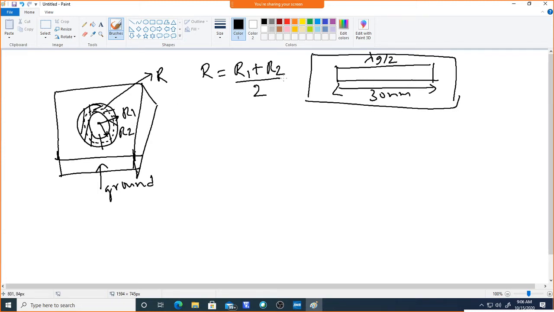Compared to this, the microstrip ring resonator has a compact area. Because of this advantage, many communication systems use the microstrip ring resonator in different applications, as I said, filters, circulators and hybrid junctions.